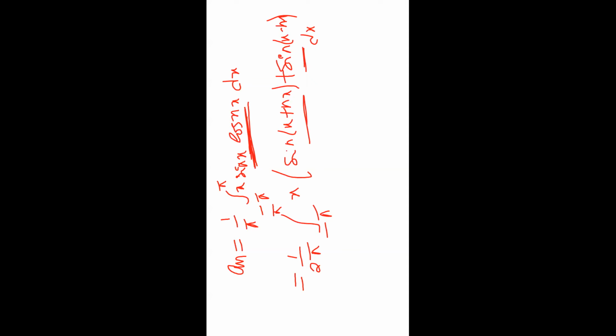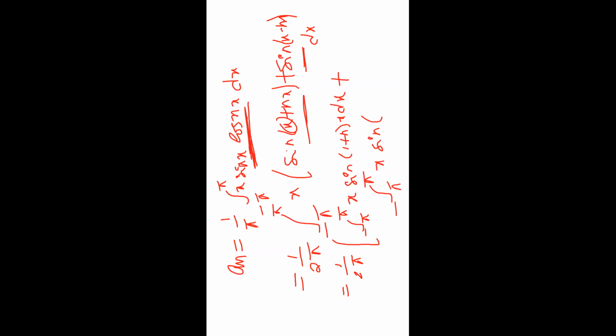First term: 1 by 2 pi into integral minus pi to pi of x sin, common to x on both terms, 1 plus n into x dx, plus integral minus pi to pi of x sin, here also common to x, so 1 minus n into x dx.